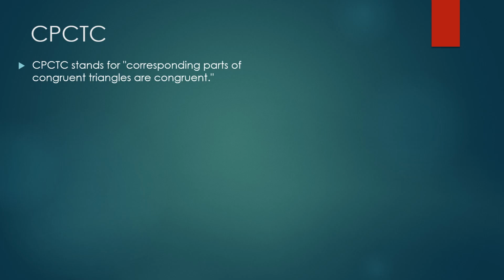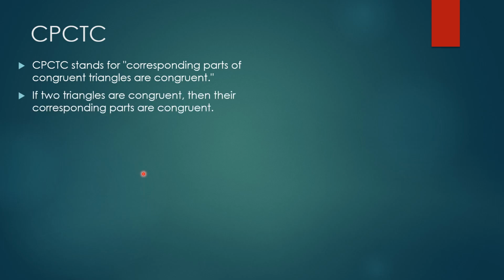The last thing I want to talk about in this video is CPCTC. I do know this video is a little long and I do apologize, but it's important to know this. CPCTC stands for corresponding parts of congruent triangles are congruent. Or we could also write, if two triangles are congruent, then their corresponding parts are congruent.